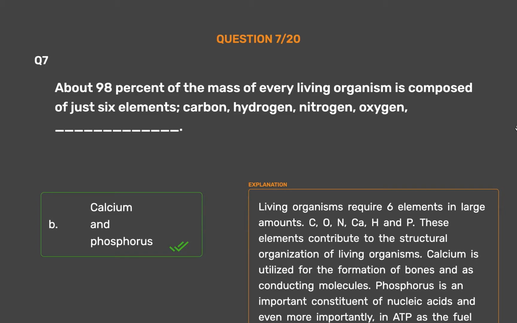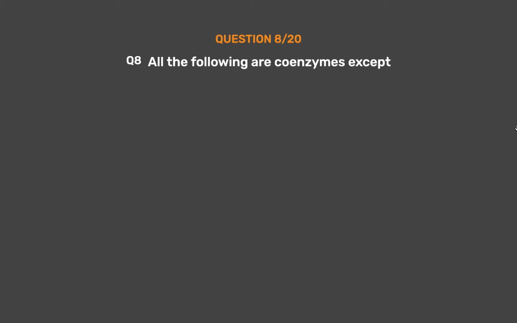Phosphorus is an important constituent of nucleic acids and, even more importantly, in ATP as the fuel source for all life. Nitrogen is a constituent of amino acids and nitrogenous bases. Carbon is the backbone/connector for every molecule, hence life on Earth is carbon-based, and oxygen and hydrogen form the universal solvent, water.